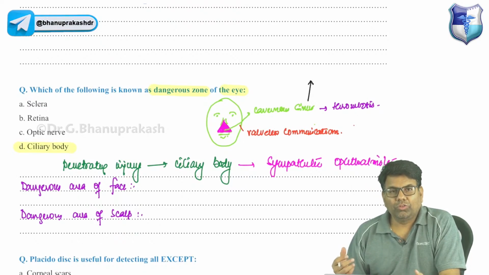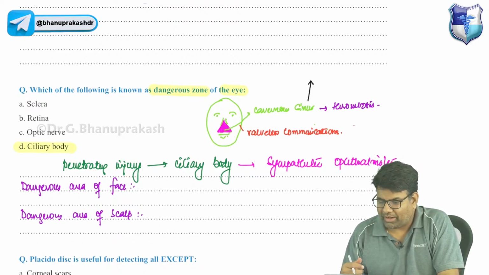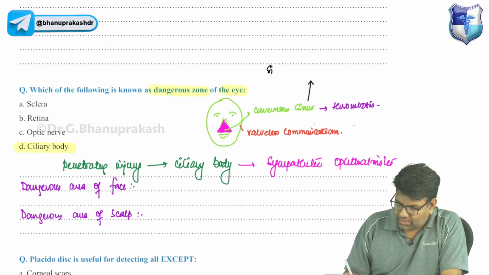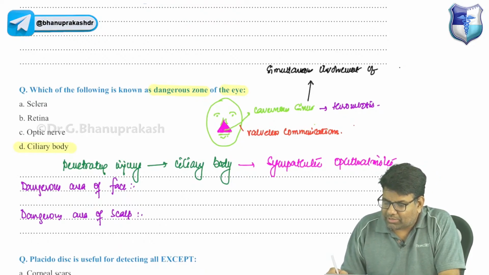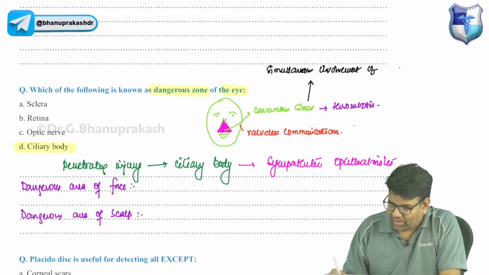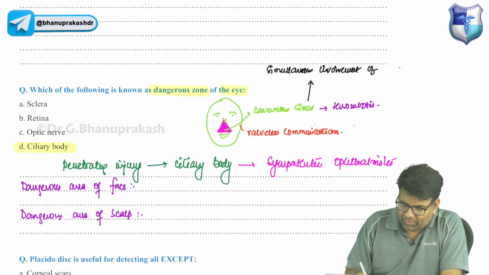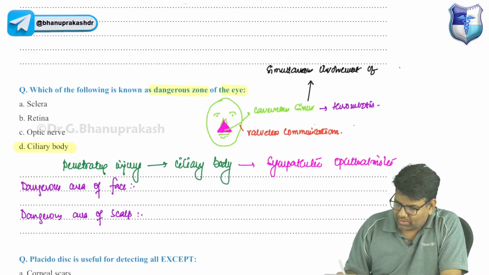Clinically, how would you suspect a given case has probably gone into cavernous sinus thrombosis? Any idea? If there is simultaneous involvement of, you are partially right. If there is simultaneous involvement of which cranial nerves?